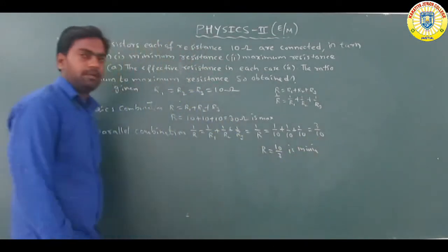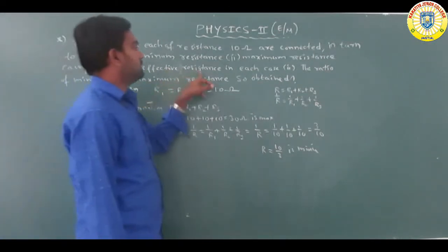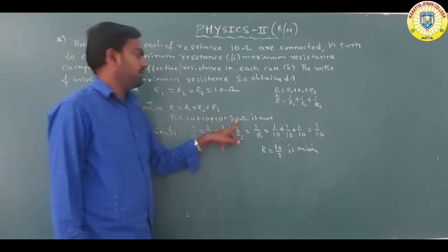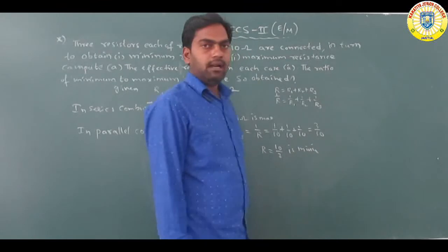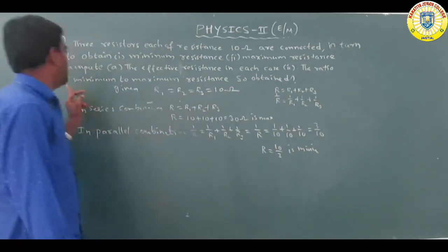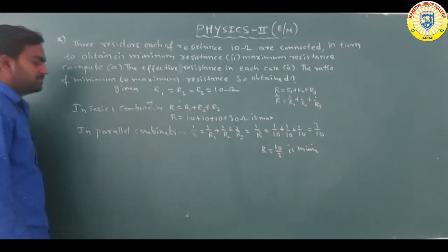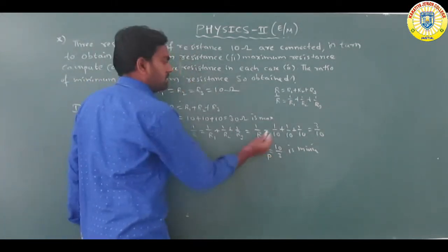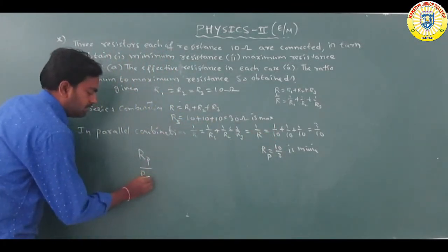So minimum resistance. Now, this is the effective resistance in the series combination and the effective resistance in the parallel combination. And the ratio of minimum to maximum resistance means RP, parallel, by RS, series.